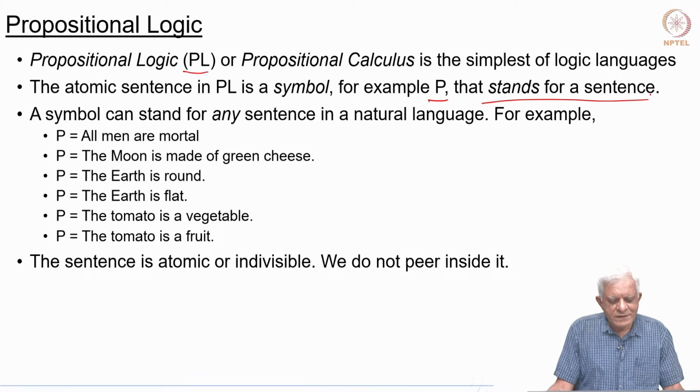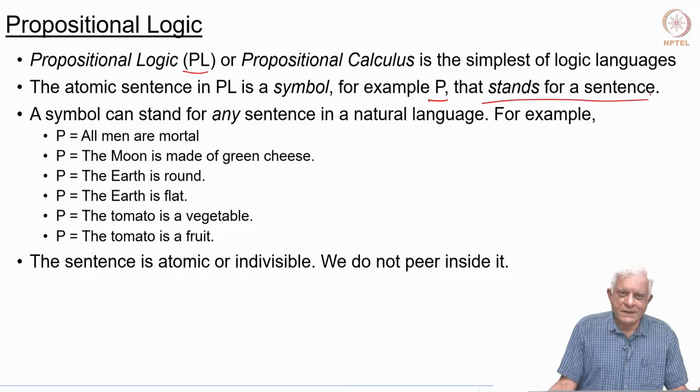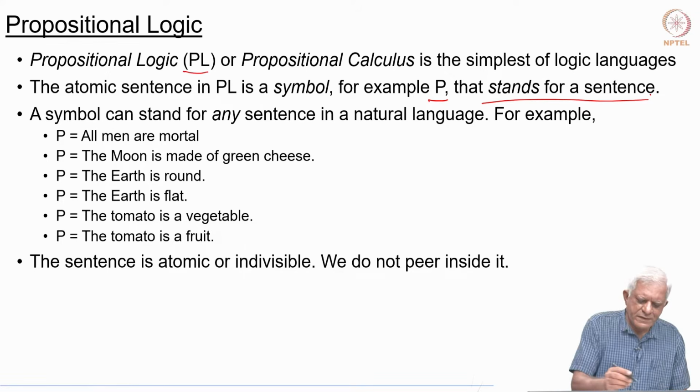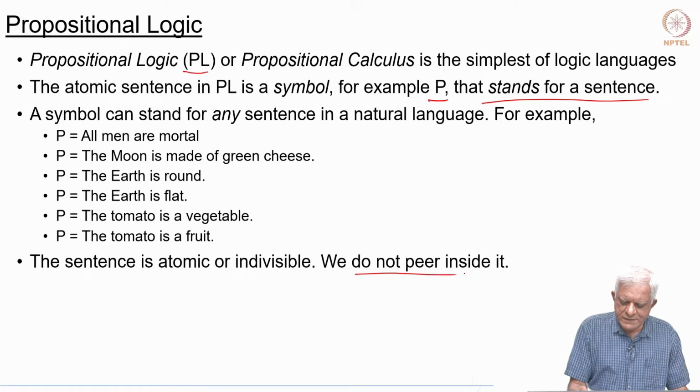We have said, if you take the first example, our favorite sentence, that all men are mortal, and we are saying this is a proposition or this is a sentence. Between you and me, we know what we are talking about, because we understand English, and we have an understanding of what is a man and what is mortality and so on. But in propositional logic, we do not peer inside it essentially.